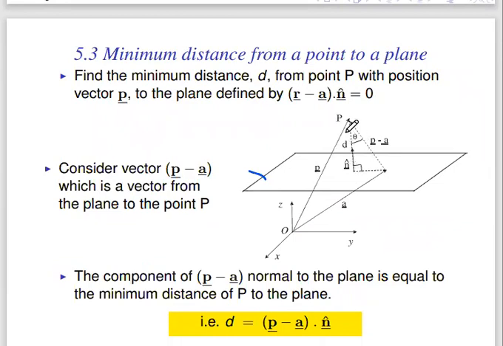Then find the shortest distance between this plane and the point. Pretty simple. The shortest distance is the perpendicular distance. If you drop a perpendicular to the plane, the length of this line segment is the shortest distance.